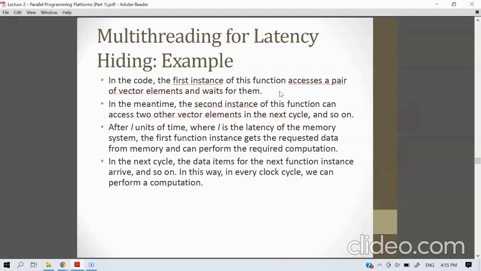After L units of time, where L is the latency of the memory system, the first function instance gets the requested data from memory and can perform the required computation. Then in the next cycle, the data item for the next function instance arrives and so on. So in this way, in every clock cycle, we can perform a computation. There is no latency, or we can hide the latency by manipulating the looping just now.